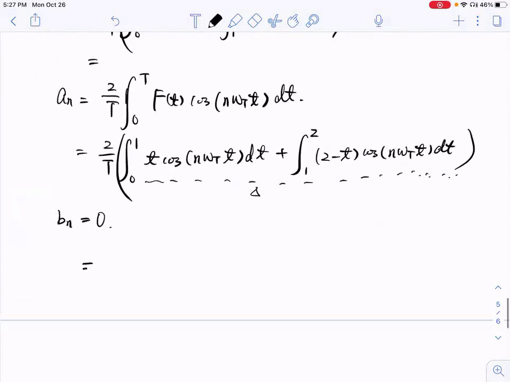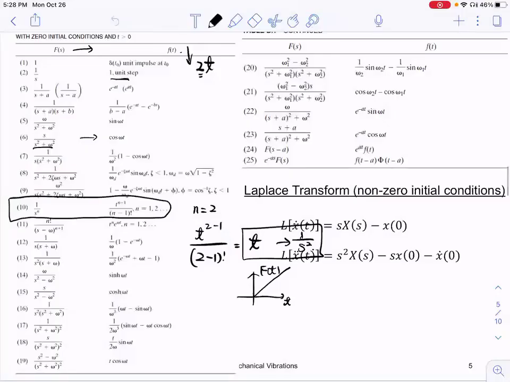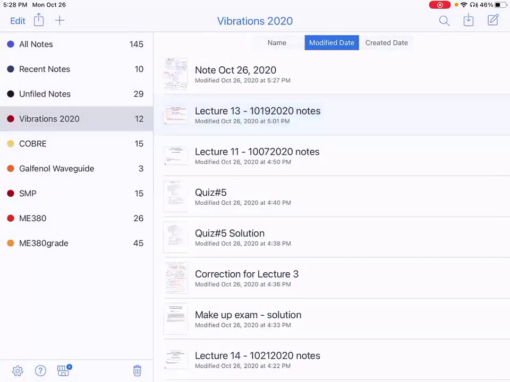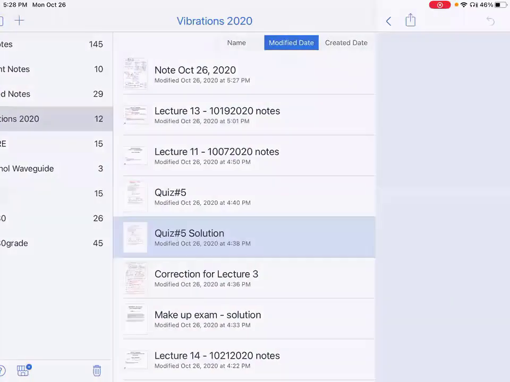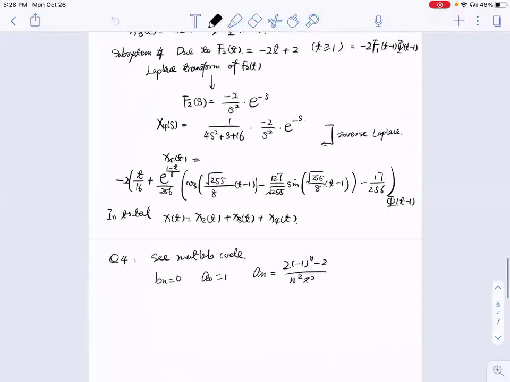Eventually, your Fourier series ft is just A naught. What is the solution over there? Let me just copy. That's the solution.